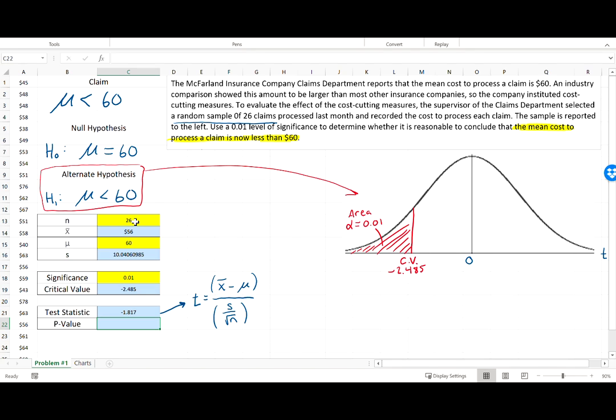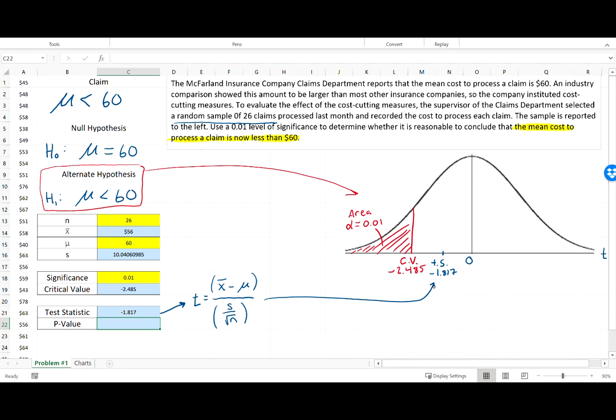Okay, so our test statistic is negative 1.817. So that's, let's give it a little bit of room. Test statistic, TS, so it's negative 1.817.